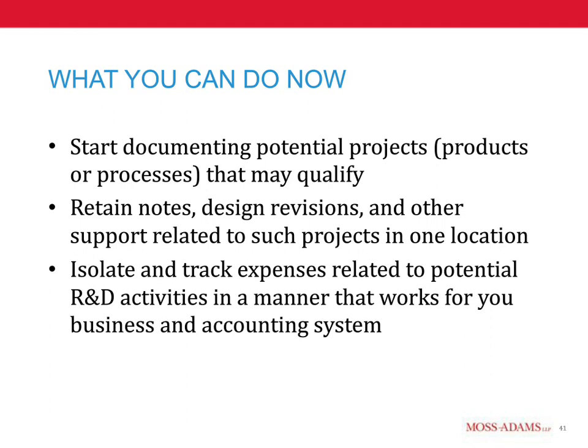And it doesn't have to be formal R&D papers or documentation. It can be as simple as interviews with people or calendars, emails, things of that nature that talk about how we meet the 4-part test, the technical uncertainty that's out there, the experimentation that occurred. Things like that are going to be very valuable.